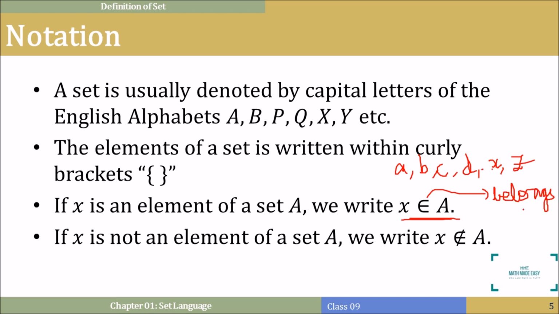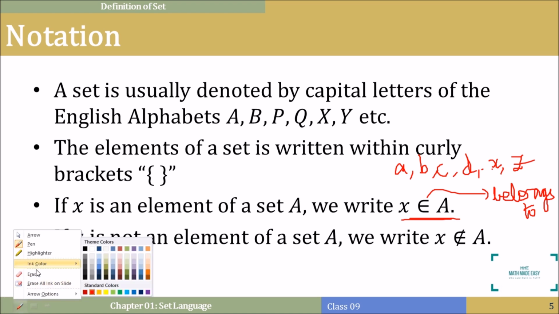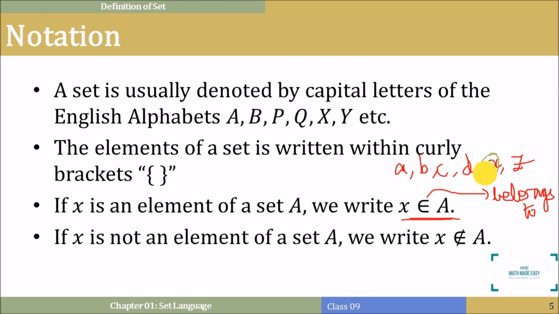If x is an element of the English alphabets, we write that x belongs to A. But alpha is a Greek letter, so it is not an element of the English alphabet. So we write that alpha does not belong to A. These are the notations we would see while defining a set.